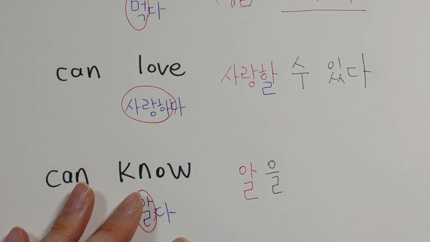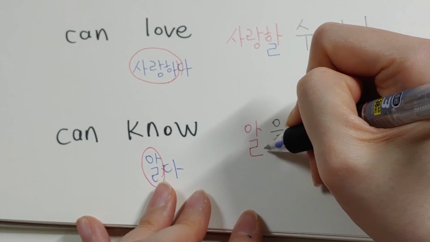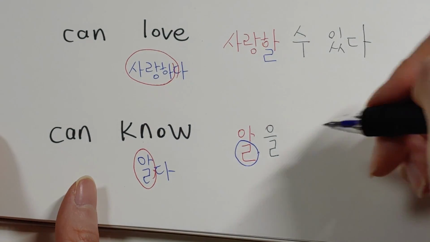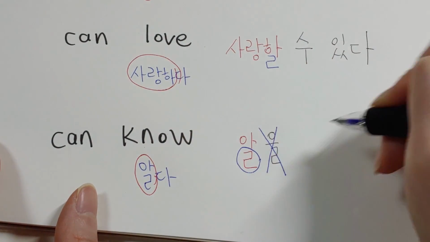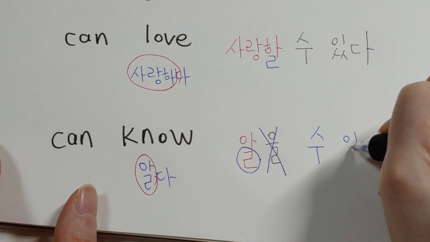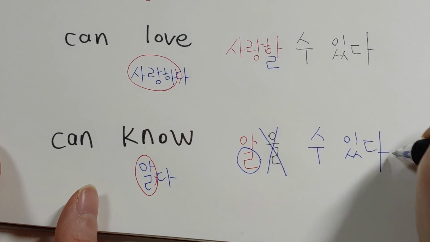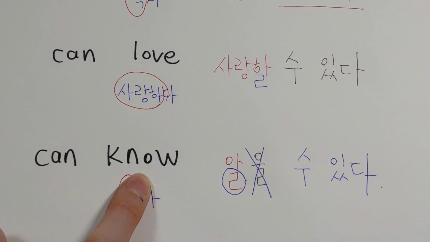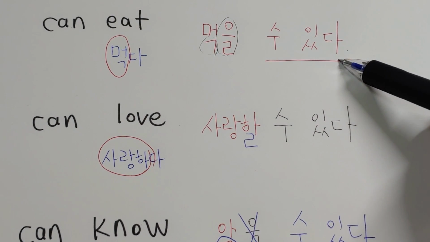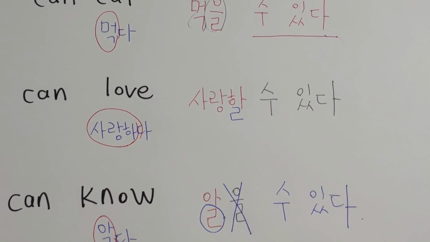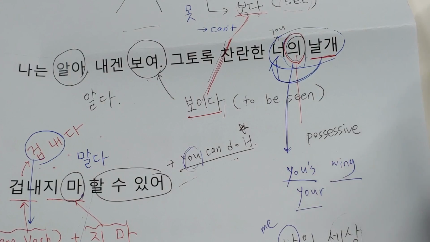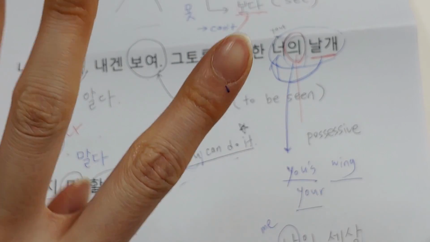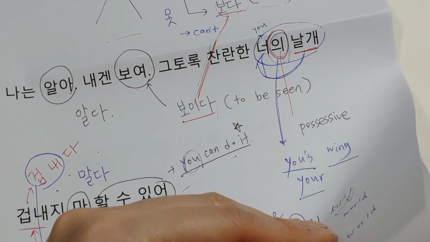However, when the 받침 is 리을, you don't have to put anything, and you can just continue with the rest of the verb ending. So just 알 수 있다 means can know. 먹을 수 있다, 사랑할 수 있다, 알 수 있다. Wow, so we only did 4 sentences and it took so much time.